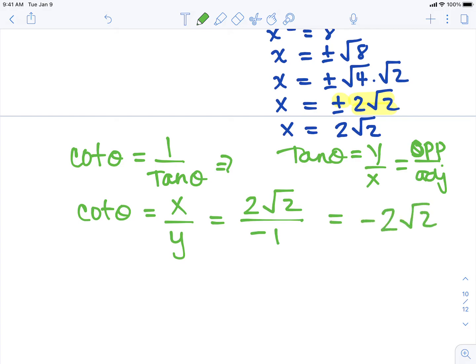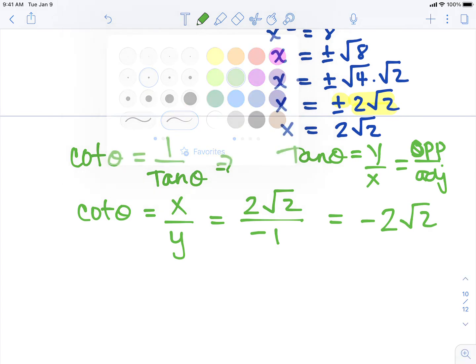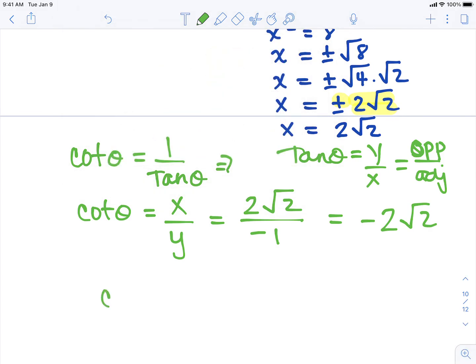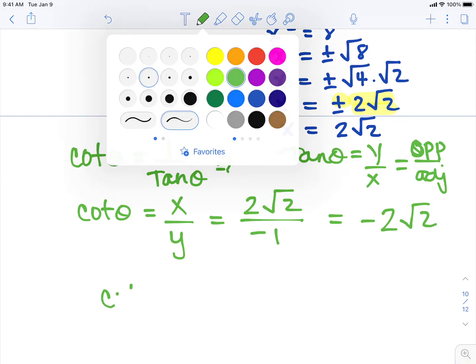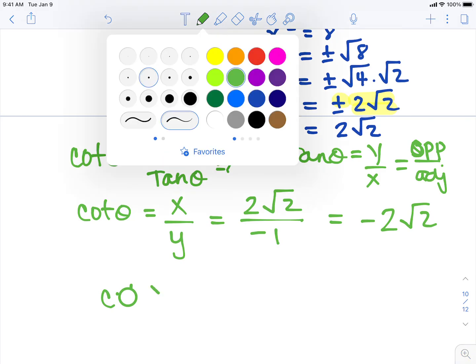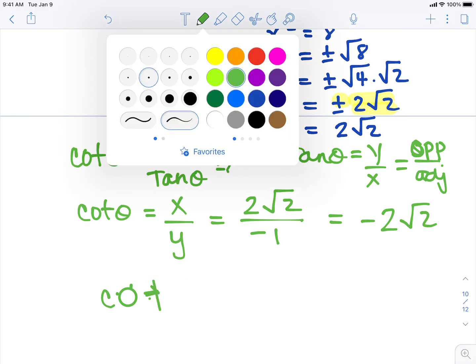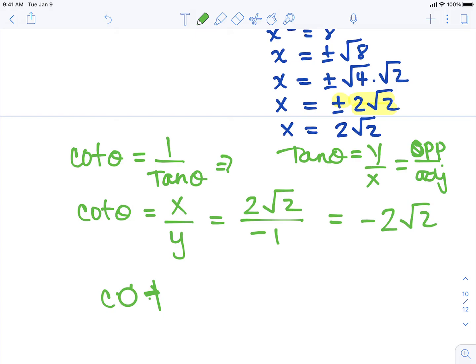So our final answer for this problem, which was a composite, is the cotangent of the sine inverse of negative 1/3 is negative 2 square roots of 2.